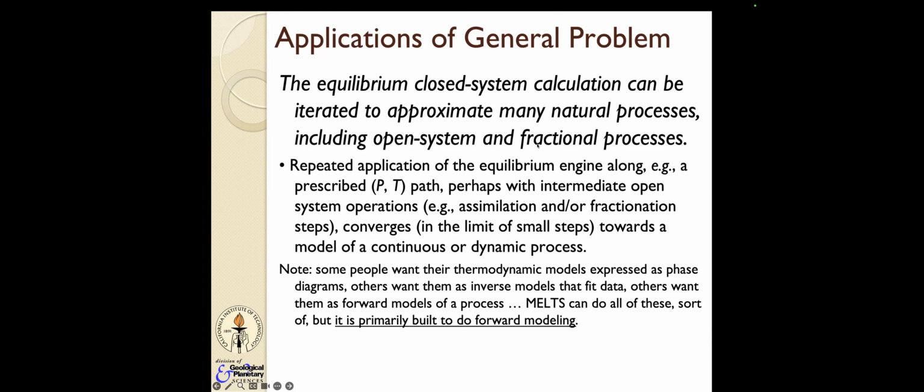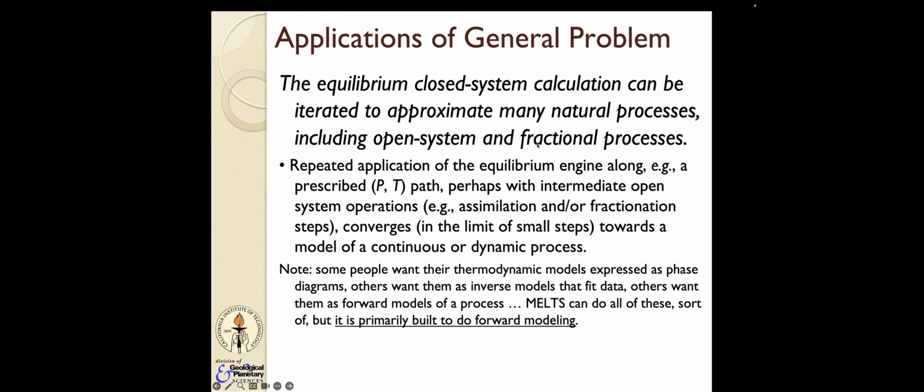And so we can iterate that single equilibrium calculation in a variety of ways by changing the variables in between calculations. So for example, if we slowly lower the temperature in steps and calculate equilibrium at each step, and if we remove before each calculation all the solids that formed in the previous calculation, that's an approximation for the hypothetical process of perfect fractional crystallization.